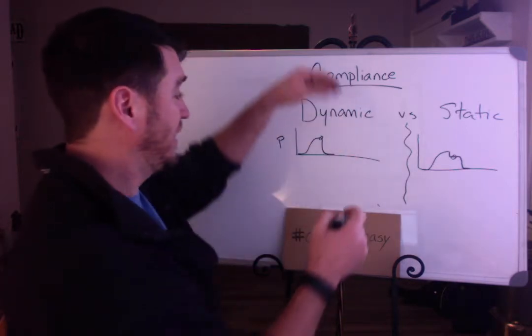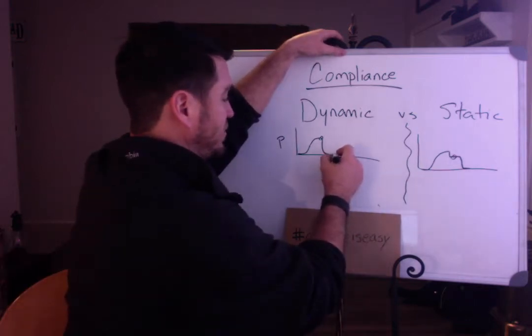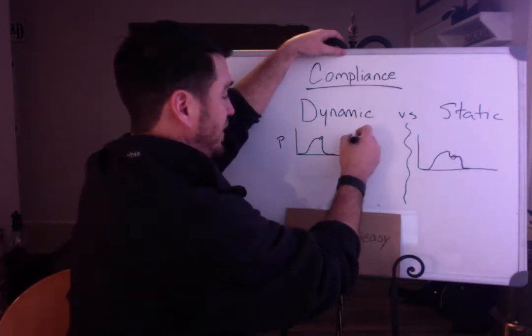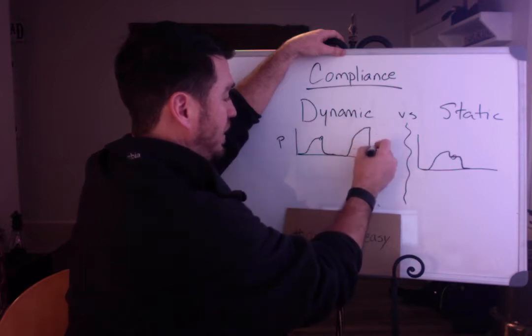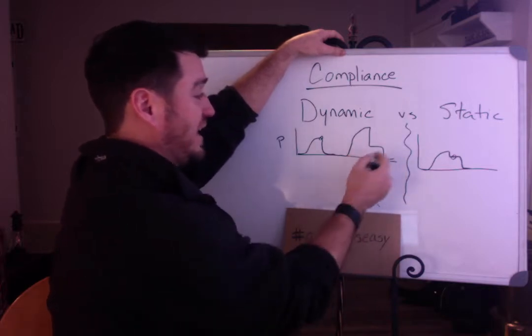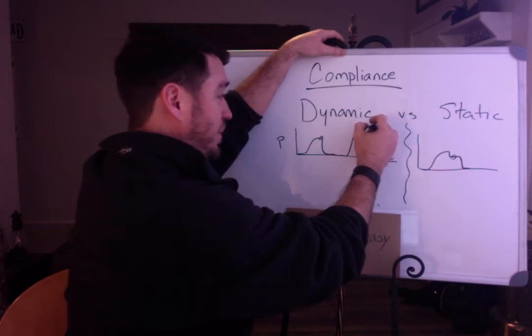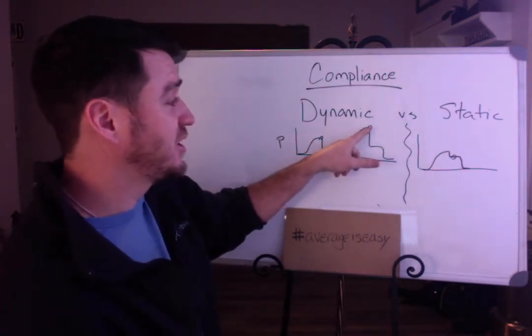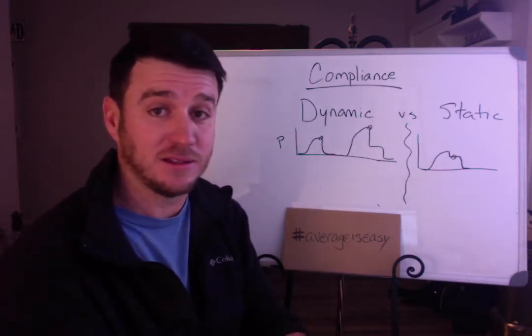So now let's look at a change. All right. Let's look at a worsening dynamic compliance. So next breath comes in, you get a sharp rise in your peak, but your plateau stays where it was. It doesn't go up. So you see here, this is now your PIP that you're going to be using to determine your dynamic compliance.